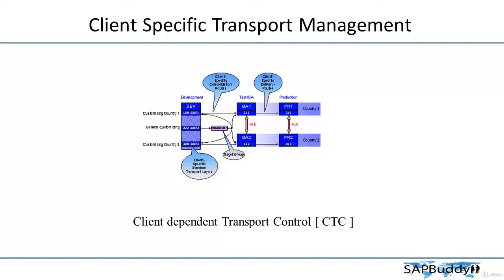In this type of scenario, when you are communicating which client this transport needs to be imported into, there is always room for errors. It will be very complicated for the basis administrator to keep track of which TR is to be imported in which client and which systems.